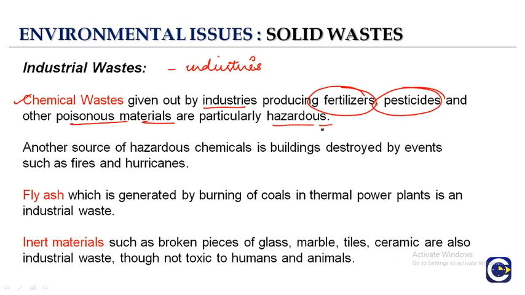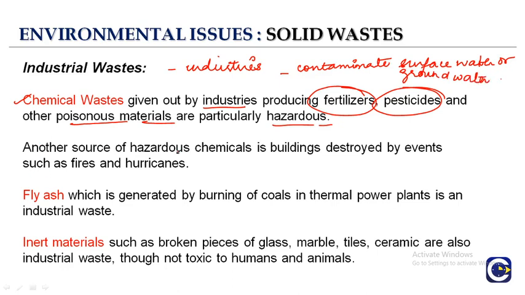So chemical industries manufacturing new chemicals are a major source of hazardous industrial material. They flow out with the wastewater from these industries and they contaminate the surface water, or we can say groundwater.